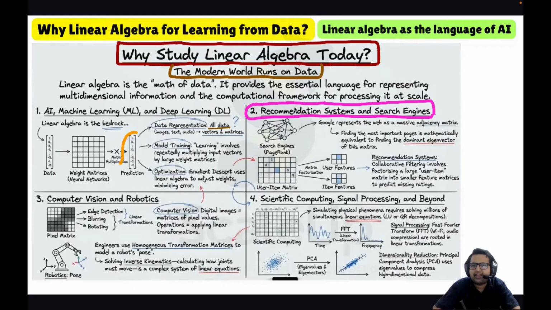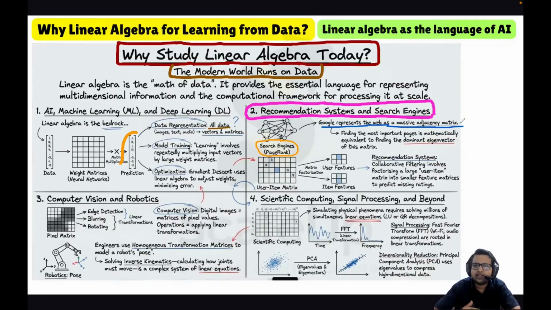the page rank. So in search engines, especially the page rank, Google represents the web as a massive adjacency matrix where links between pages are entries. Companies like Google, we all use Google search.